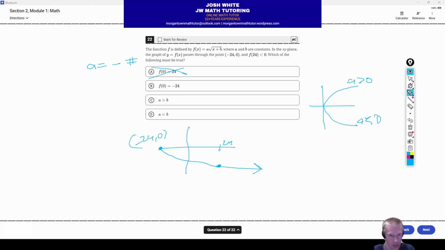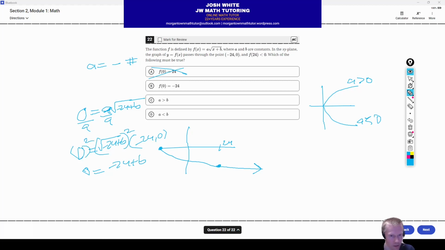If you plug in negative 24 for x and set that equal to 0, you have 0 equals a times the square root of negative 24 plus b. If you divide both sides by a, the 0 on the left side just stays, and on the right side you have the square root of negative 24 plus b. Square both sides, you get 0 equals negative 24 plus b, because 0 squared is just 0.